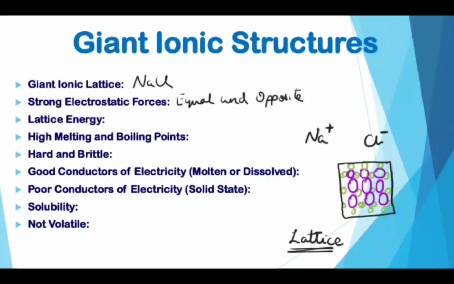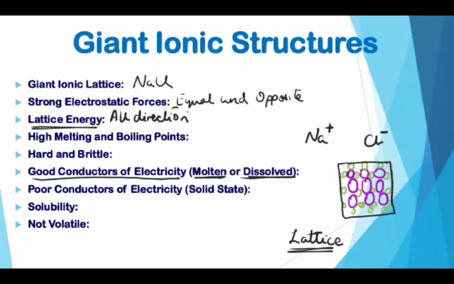Then there is lattice energy because there is a pull from all directions. Giant ionic structures like NaCl have a high boiling and melting point. They are hard and brittle, and they are good conductors of electricity only when they are in molten form or in aqueous or dissolved form.